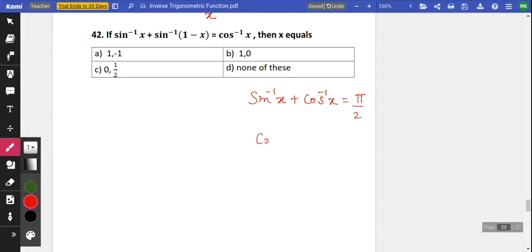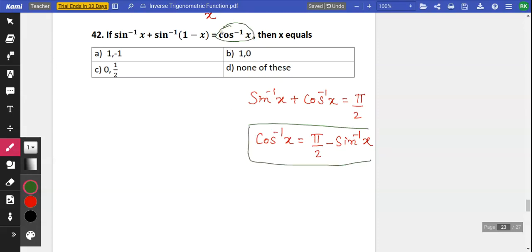Basically, we find the value of cos inverse x is equal to pi by 2 minus sine inverse x. Use this formula in place of cos inverse x. Now we get sine inverse x plus sine inverse 1 minus x is equal to pi by 2 minus sine inverse x.